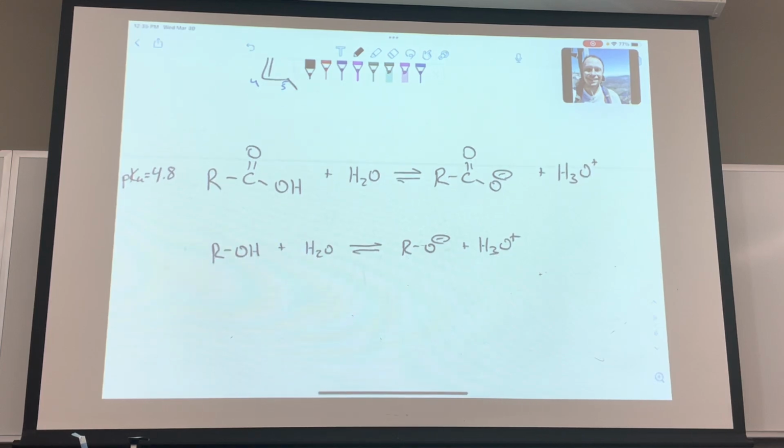Well, looks pretty darn similar, yet the pKa is vastly different. A carboxylic acid is much, much more acidic than an alcohol, yet the ionization expression looks pretty much the same. What's the difference?